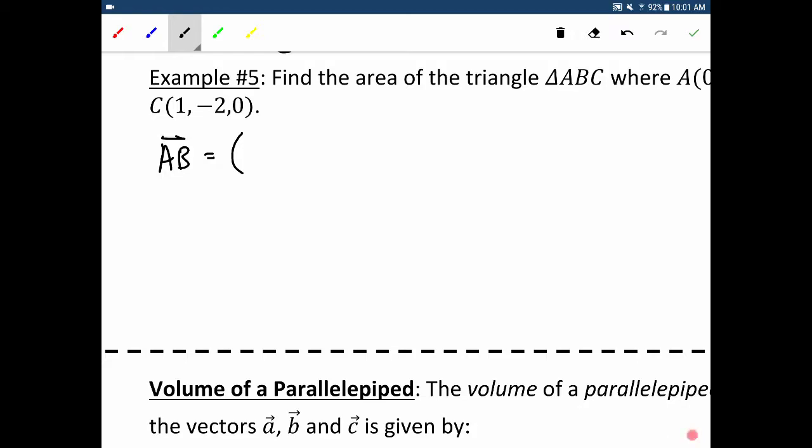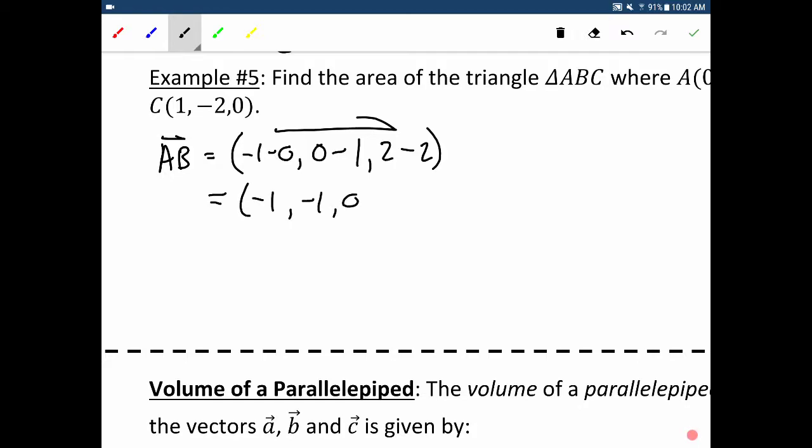So we'll have -1 minus 0 for our x, 0 minus 1 for y, and for z, we will have 2 minus 2. So we're left with -1, -1, 0. That's all there is to it.